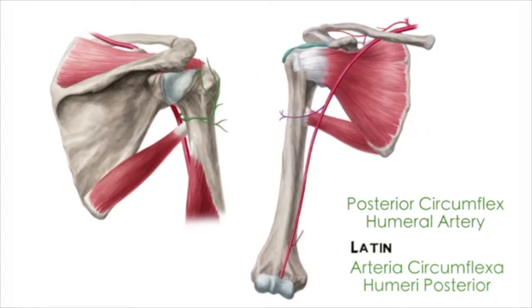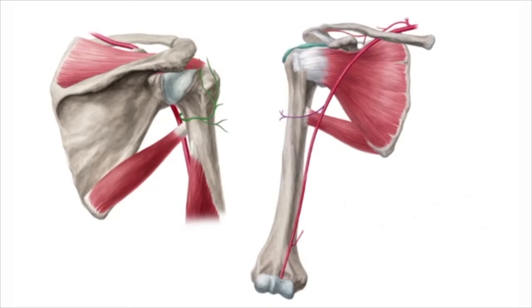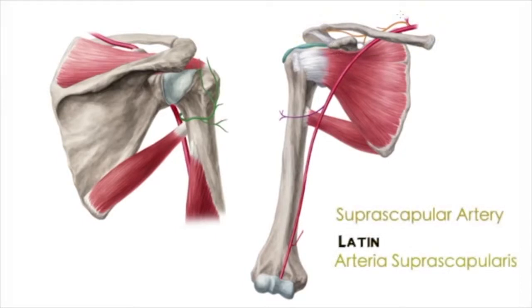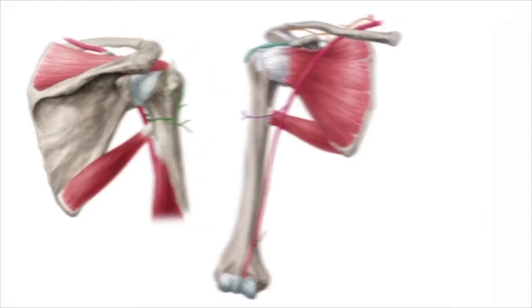Now the other one that is also a major blood supplier of the shoulder joint is this small vessel here, highlighted in yellow. This is the suprascapular artery, and it originates from the subclavian artery.